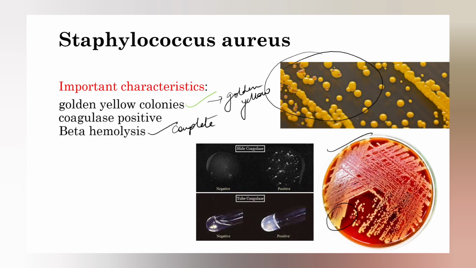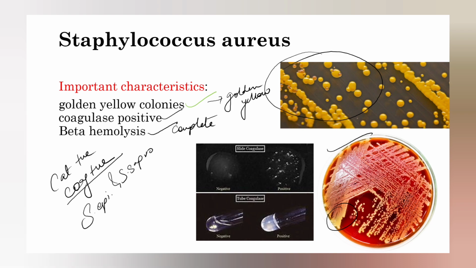It lyses the RBCs and digests the hemoglobin pigment, thereby producing a clear zone on blood agar. So, Staphylococcus aureus is catalase positive and coagulase positive. Also, Staphylococcus epidermidis and Staphylococcus saprophyticus are regarded as coagulase negative Staphylococci species.